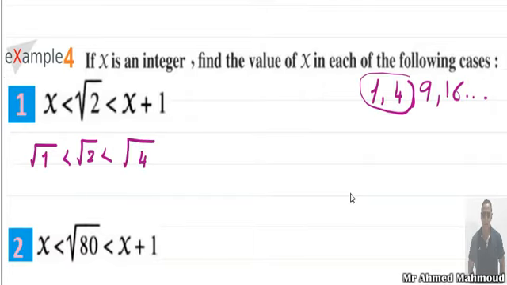Root 1 is 1, root 4 is 2. Then square root 2 is greater than 1 and smaller than 2. The two integers that include root 2 between them are 1 and 2. Then x equals 1. Okay, the next one.